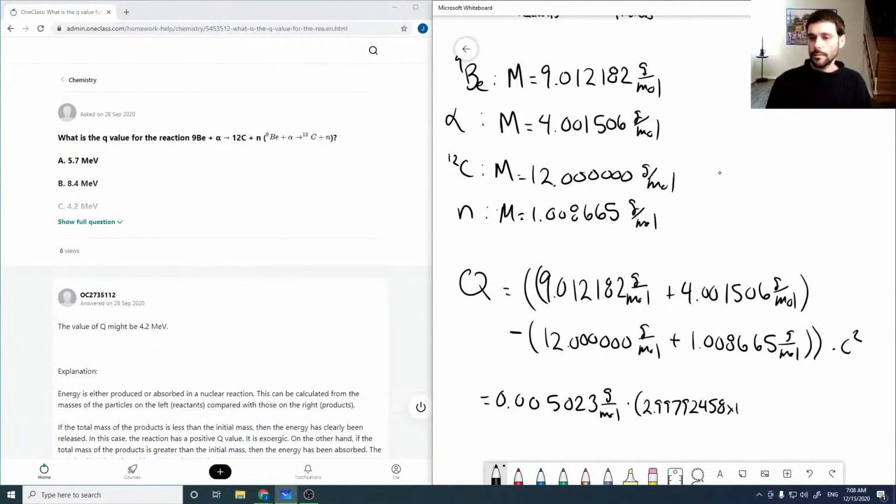2.99792458 times 10 to the 8 meters per second, squared. So to get into joules, this needs to be in kilograms, so I'm going to multiply by a kilogram per 1,000 grams.